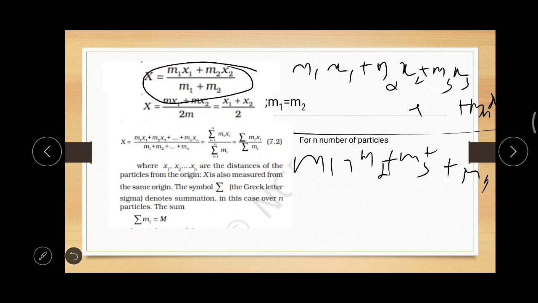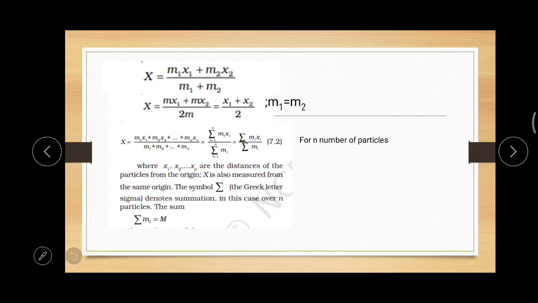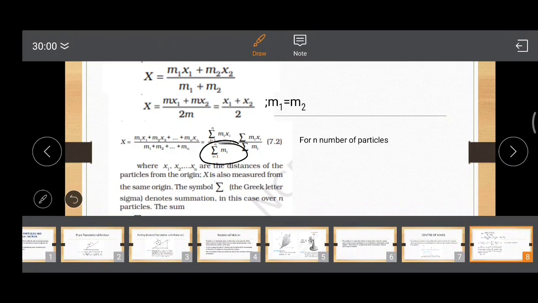With the help of the summation, you can write that as the summation of i equals 1 to n of mi xi, that is m1 x1 plus m2 x2 plus etc. up to mn xn, divided by the summation of i equals 1 to n of mi, that is m1 plus m2 plus etc. up to mn, which is actually the total mass.